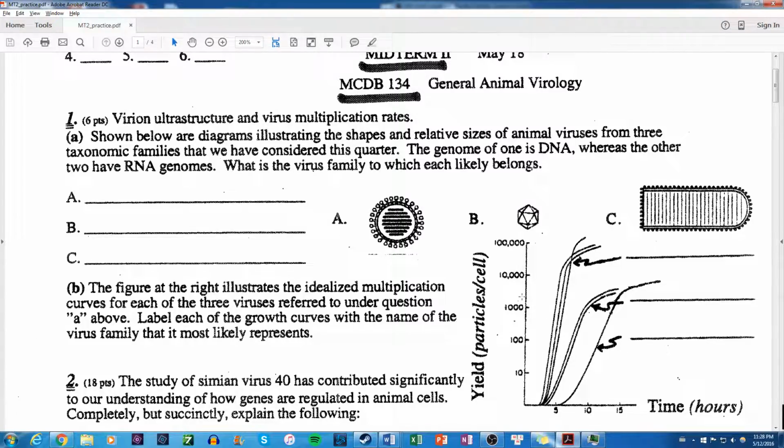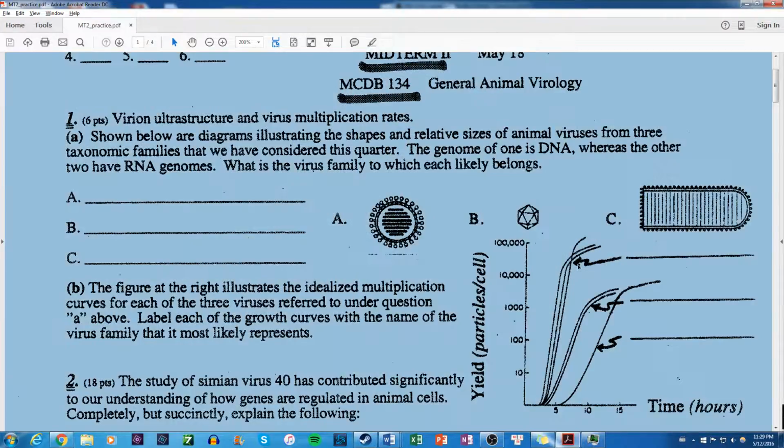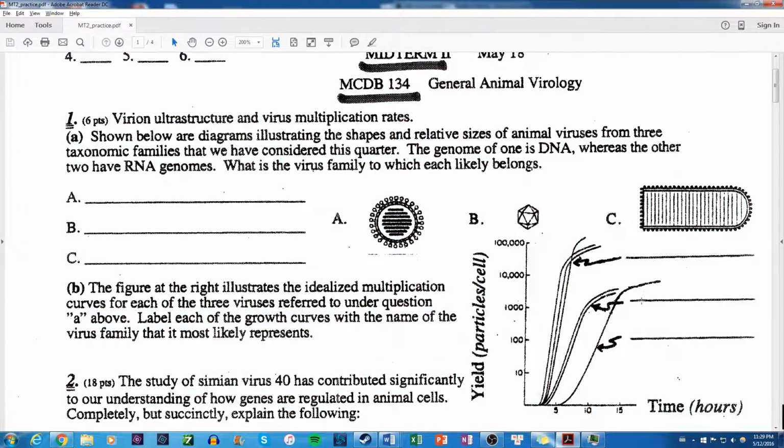Recalling from that handout, we know that picornaviridae and Rhabdoviridae are 2 of the fastest growing viruses. So this top line right here, this is Rhabdoviridae. Recalling from that handout again, Paramyxo and orthomyxoviridae have the same growth curve, which is this middle one.